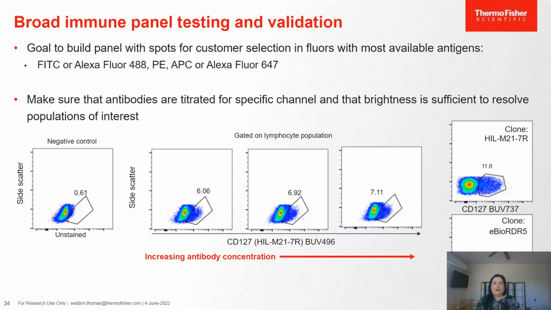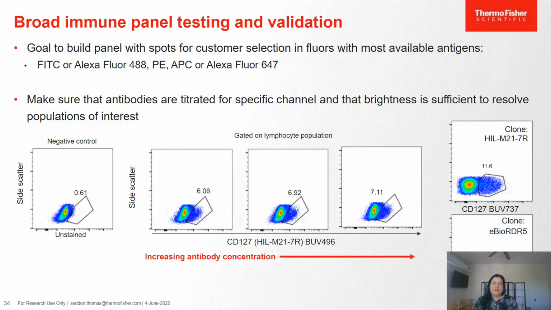When I tested that particular conjugate, it really didn't have enough expression, even as I titrated up and gated on the lymphocyte population, as compared with the controls here in BUV 737 or Super Bright 436. So using the same clone or a different clone still really didn't identify that population.